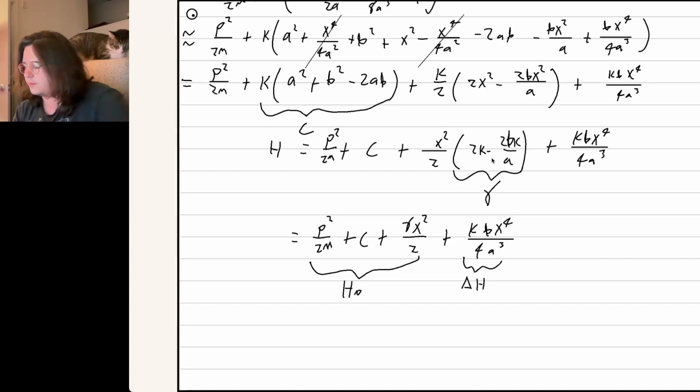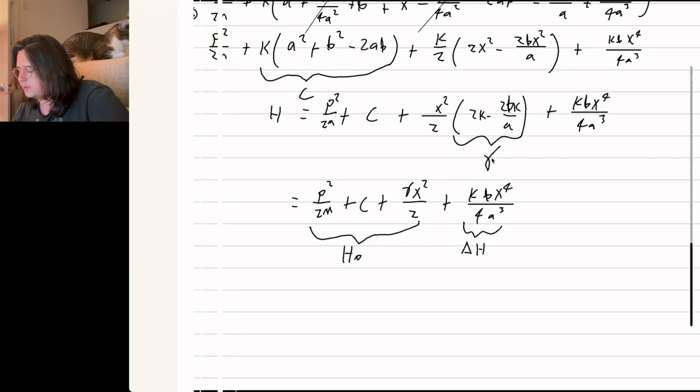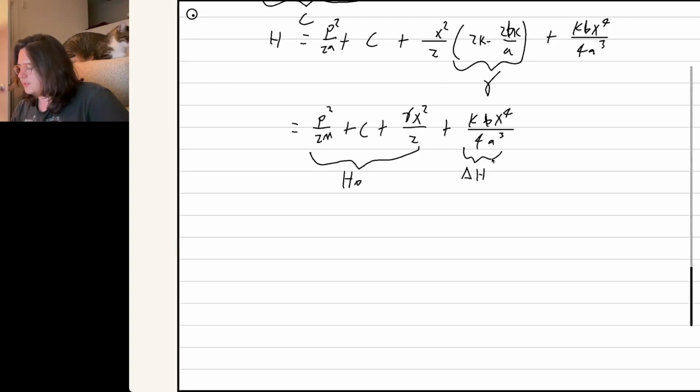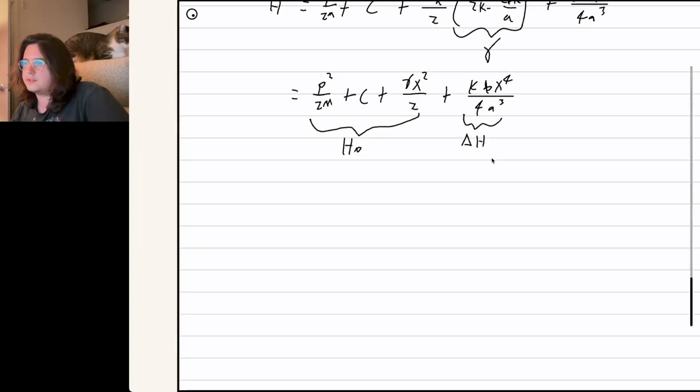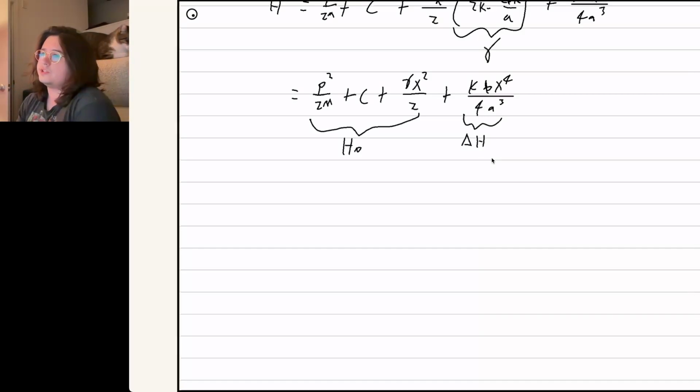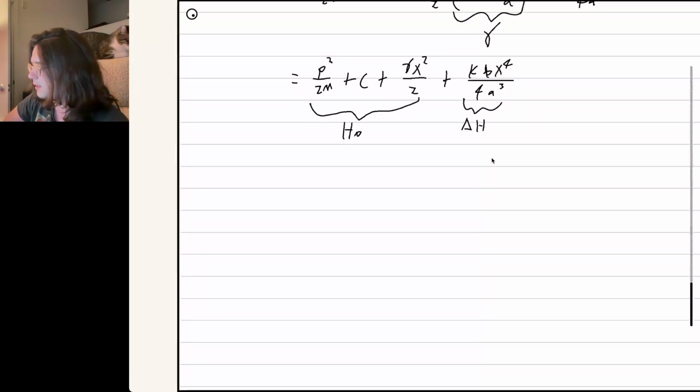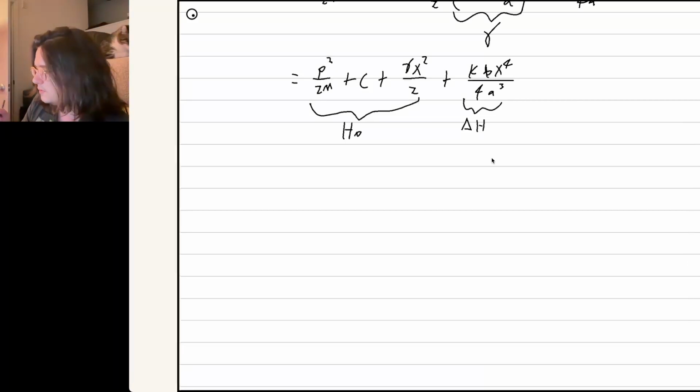The problem that we're looking at really only depends on delta H, so that's pretty nice. What we're going to do next is pretty much just plug in the solution for action angle variables for the harmonic oscillator into this delta H. So that's kbx fourth over 4a cubed.